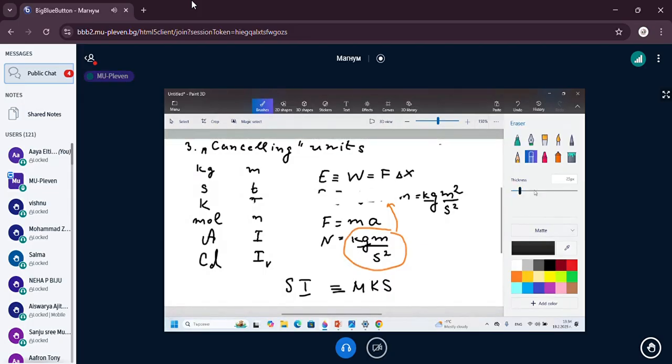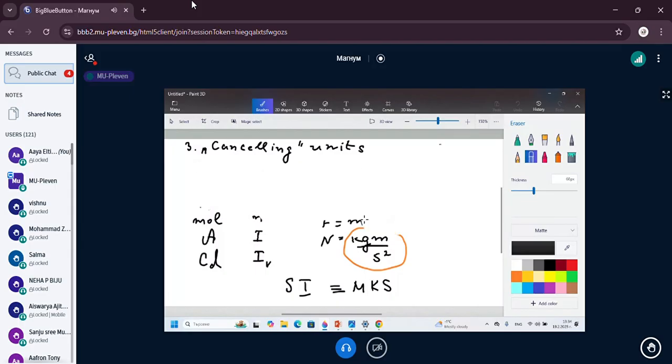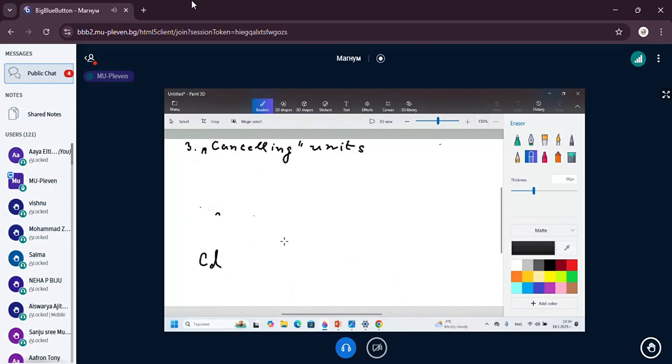So, just to clear the board, when multiplying or dividing two or more physical quantities, it is permissible to cancel units that appear both in the numerator and the denominator of the combined quantity to find or to derive the new unit.